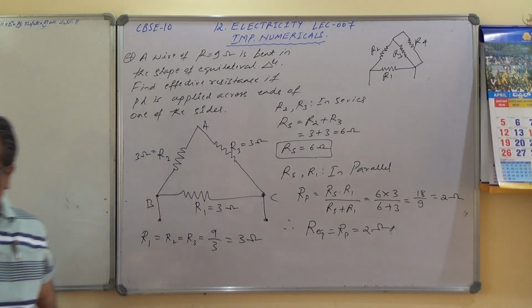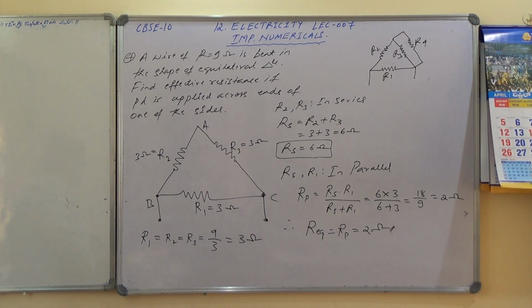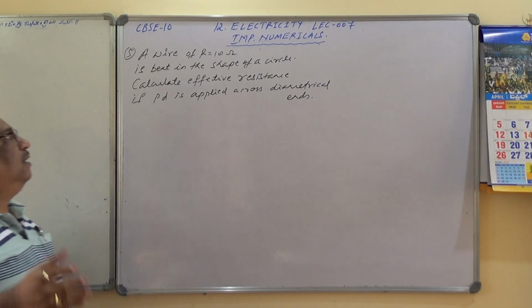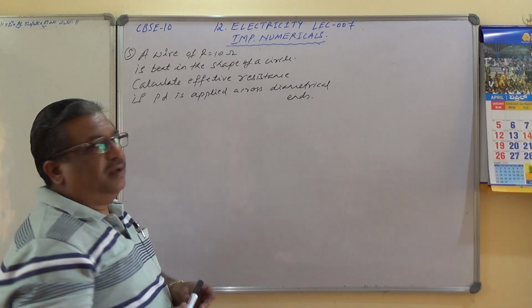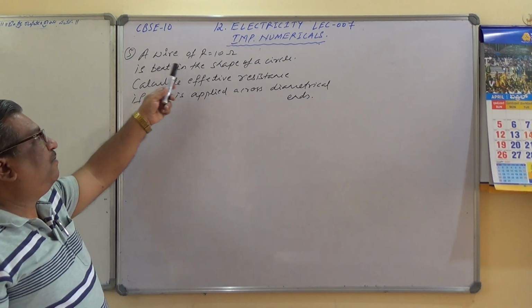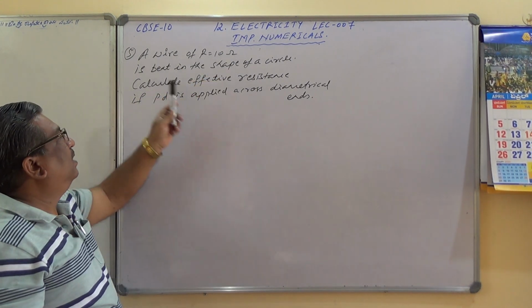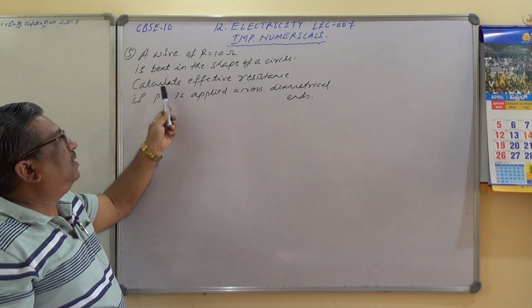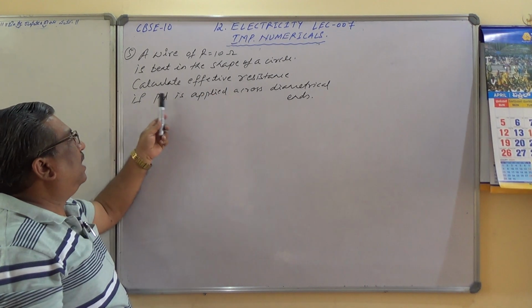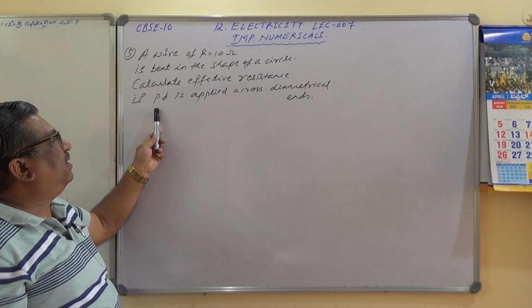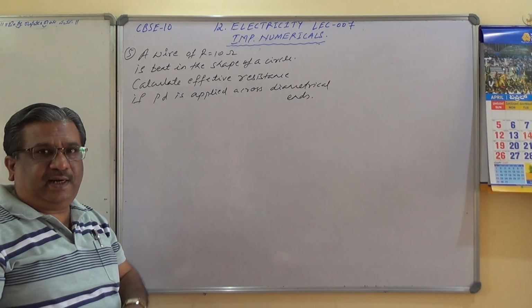Let me clear the board. Yeah, we will go to the next problem. Here it is. A wire of resistance R, 10 ohms, is bent in the shape of a circle basically. Calculate the effective resistance if the potential difference is applied across the diagonal ends.